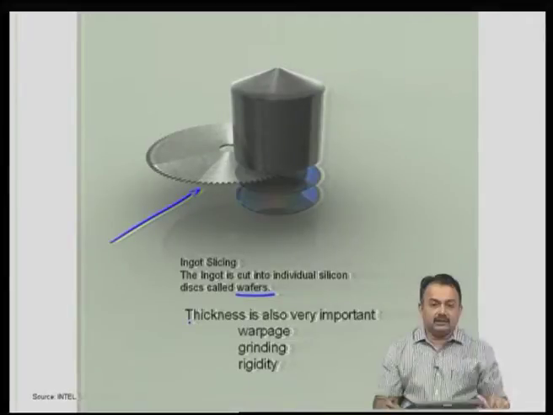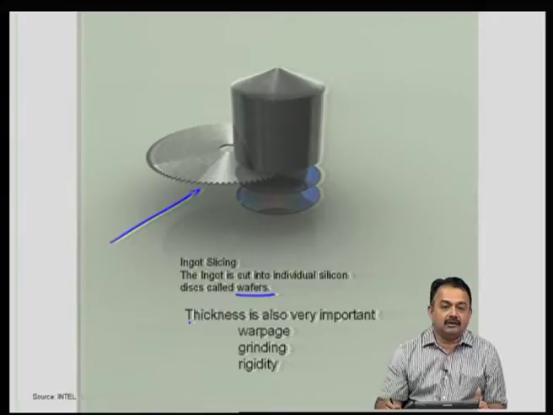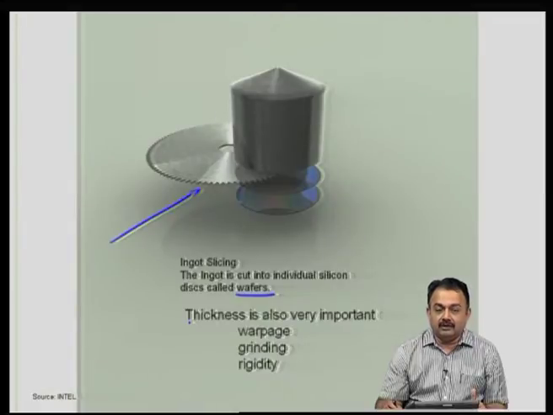So, thickness initially is very important, because if you start with a very thin wafer, there can be warpage during the process. In some cases the dies that you have generated can undergo some dimensional change because of continuous warpage.